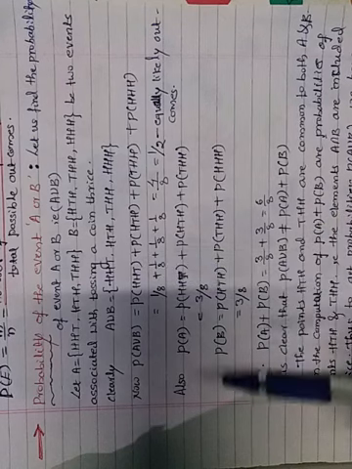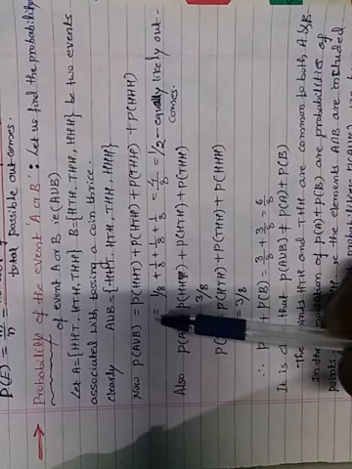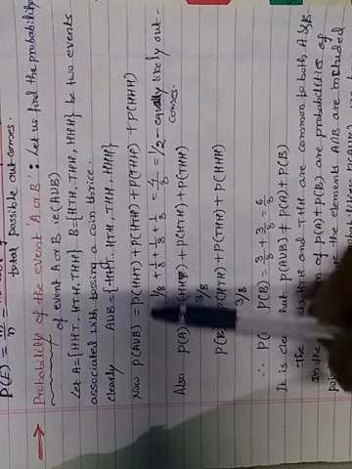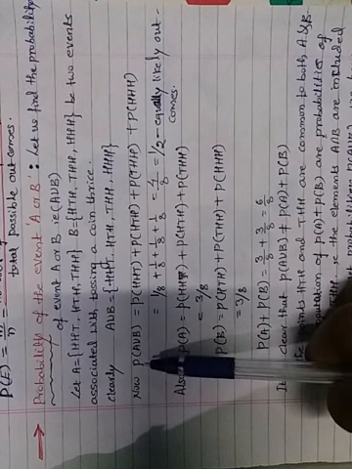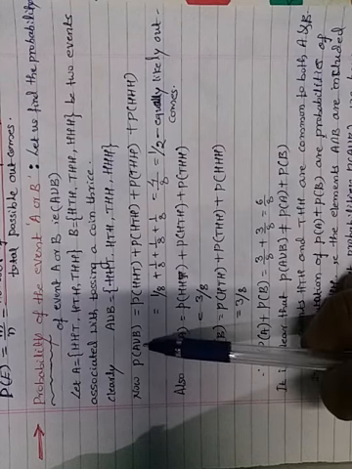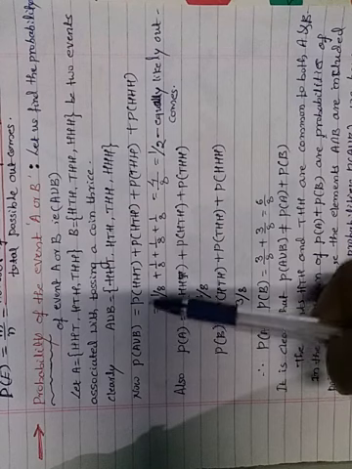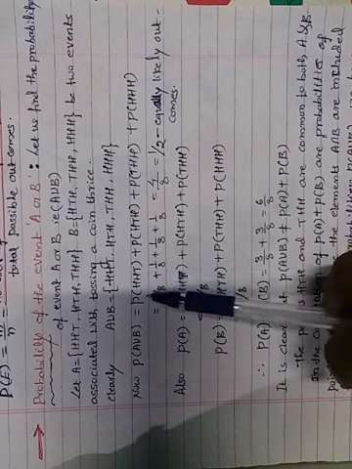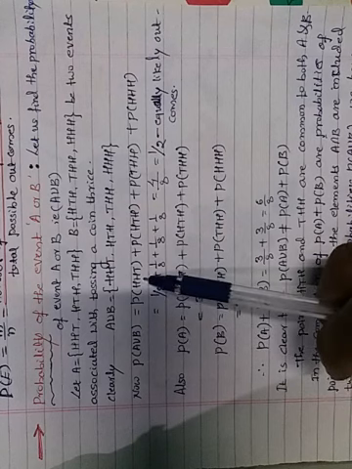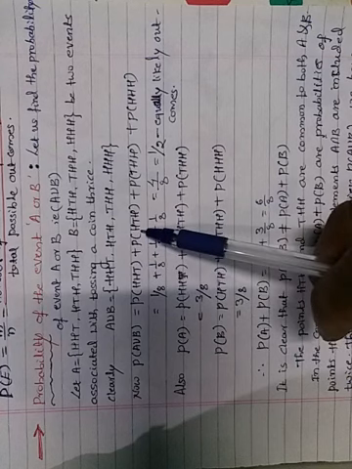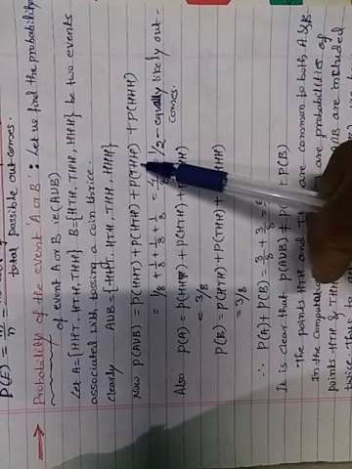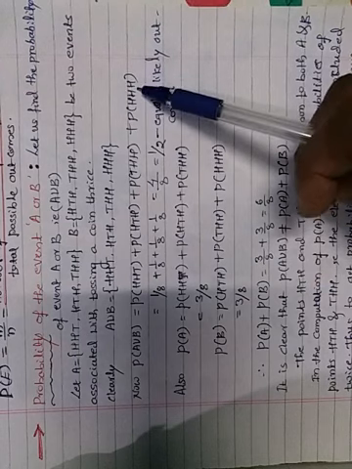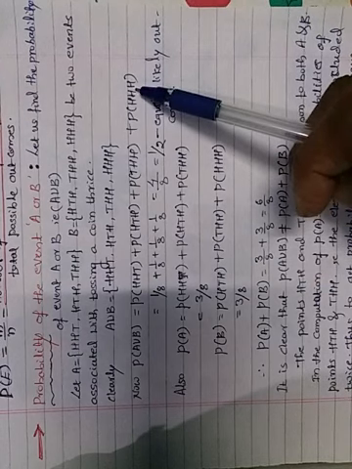We have to find the probability for all individual outcomes. Therefore, the probability of A union B equals the probability of the first outcome plus the probability of the second outcome plus the probability of the third outcome plus the probability of the fourth outcome.